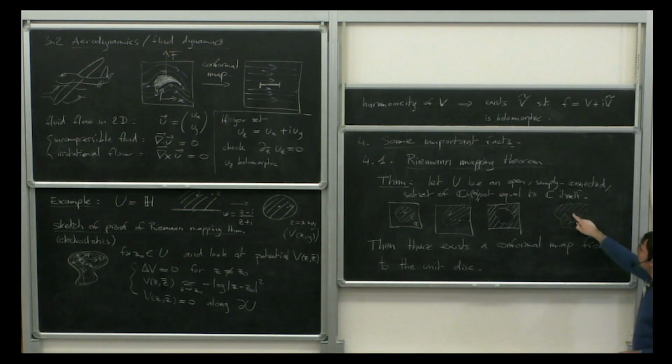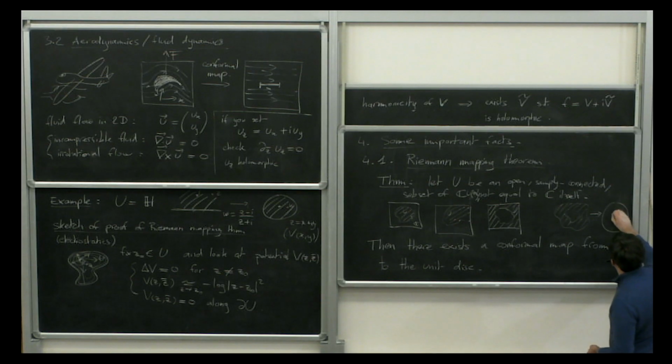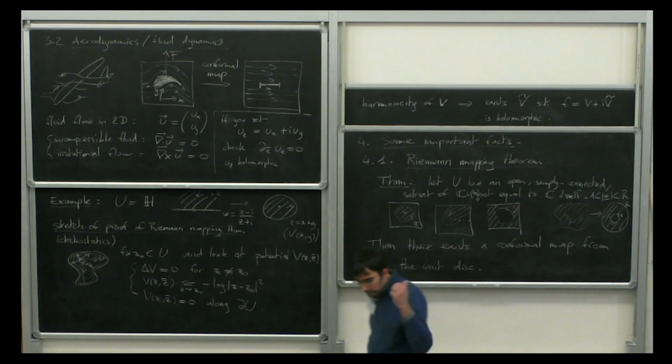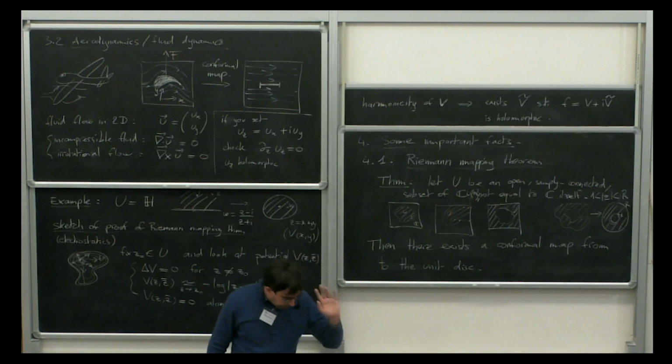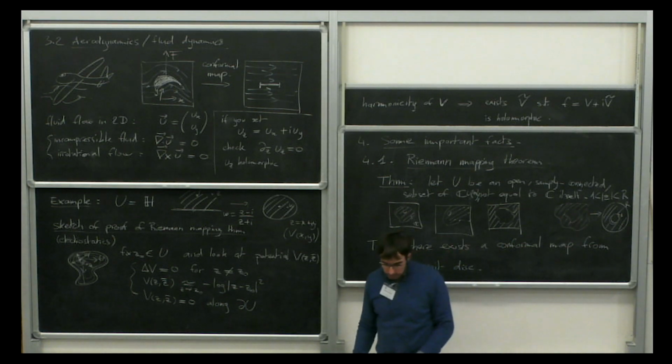It's not simply connected anymore, but you can show that there will always be a mapping from this to an annulus, defined as the set of points in the complex plane such that the modulus of z is between 1 and some number, let's call it capital R. So this is the annulus between the circle of radius 1 and the circle of radius R. And this you can also get easily just by thinking about the electrostatic potential between these two boundaries.